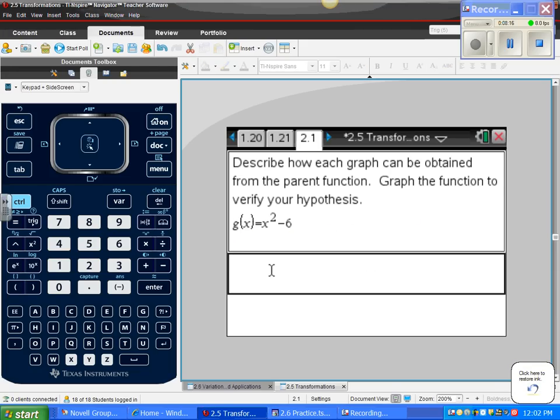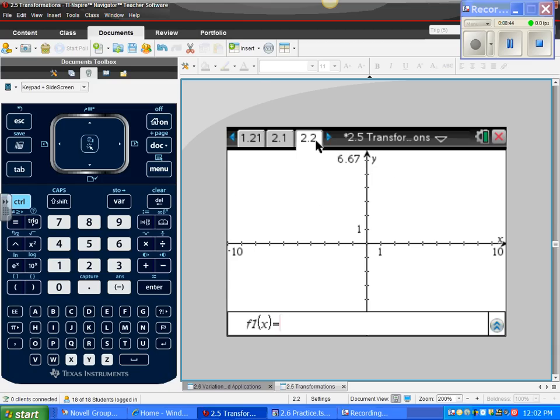Okay, so we talked about when we added or subtracted from f of x, that being a vertical translation. And when we subtracted, we went down. And in this case, it would be 6 units. Okay, so we had a vertical translation, and we went down 6 units. Okay, now to verify this, we have our original function x squared.